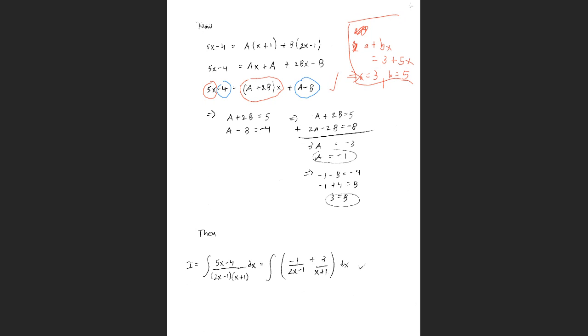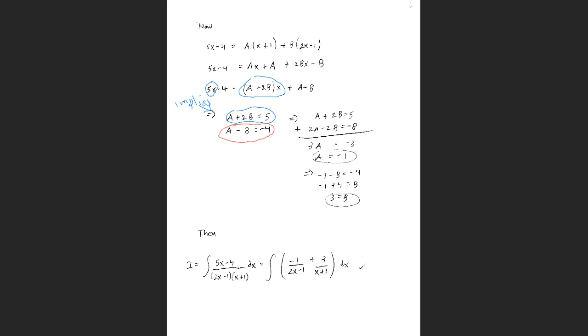So you end up with this, where the arrow means implies. So A plus 2B must equal 5, and A minus B must equal -4.